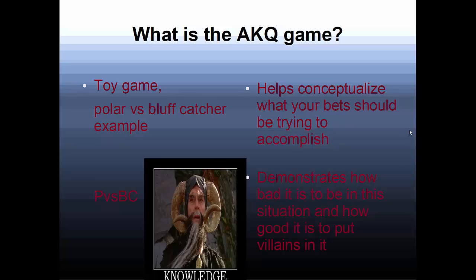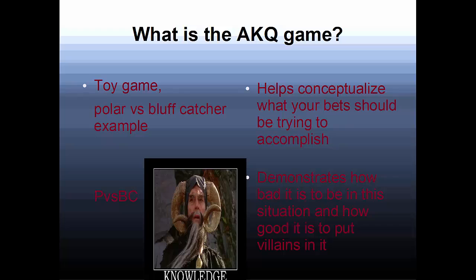We'll just keep it simple and say that is the rule. You have to bet full pot. So I'm going to bet $2 into $2 with all of my aces and some of my queens, but I'm never going to bet the king, and you're never going to bet the king. We don't bet the king.